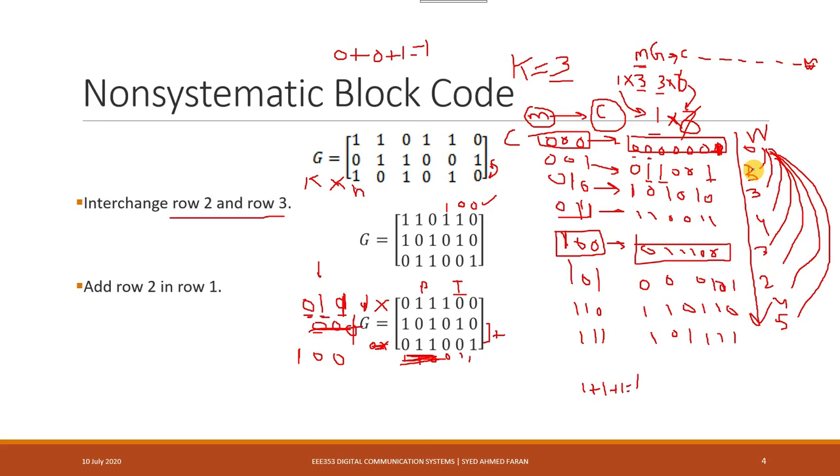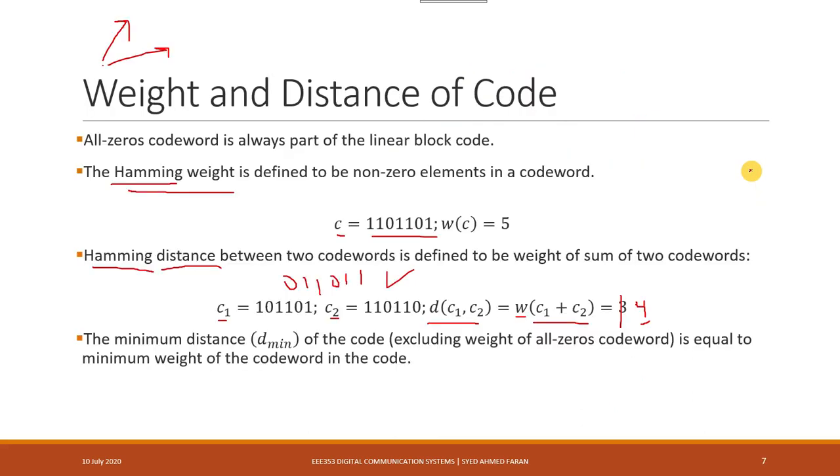So again we have a shortcut available, because what we are trying to calculate is the minimum distance. We are interested in the distance between two code words that has the minimum value. Luckily for us, the minimum distance is actually equal to the minimum weight of the code word.